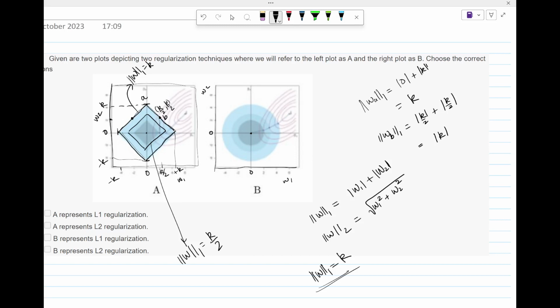While for the L2 norm, it is the distance from the origin, right? So a constant distance from the origin means it is a circle, concentric circles. This will correspond to the L2 norm being K, or K by 2.